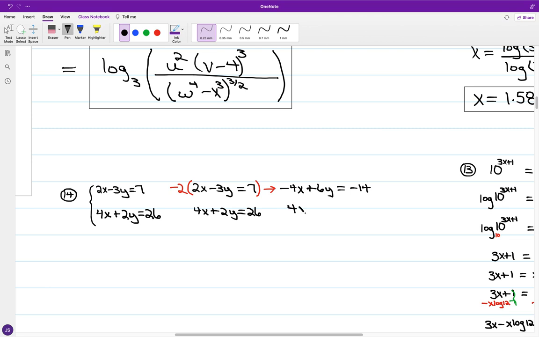Again, I have the second equation fixed: 4x plus 2y equals 26. Adding the equations together, the x terms go out, and we have 6y plus 2y, which is 8y. Negative 14 plus 26 is 12.